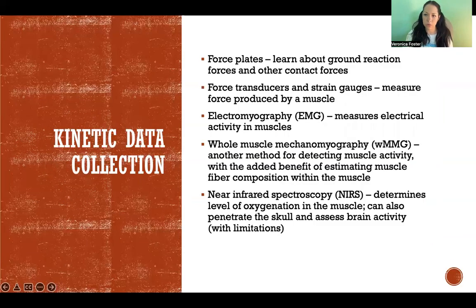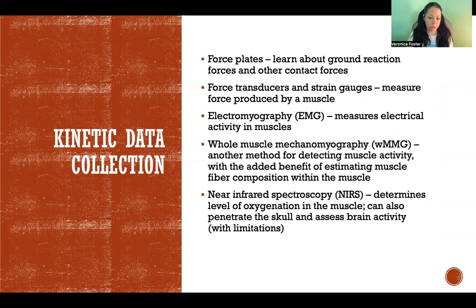All right, so some common ways that we collect kinetic data. Force plates are a big one that helps us learn about ground reaction force and other contact forces depending on how the force plates are used. Very commonly, they're used in gait analysis. So you'll have force plates that are built into a treadmill or that are on the ground.